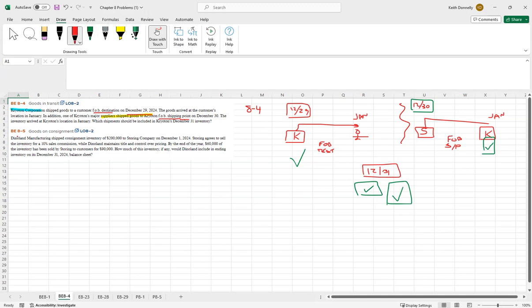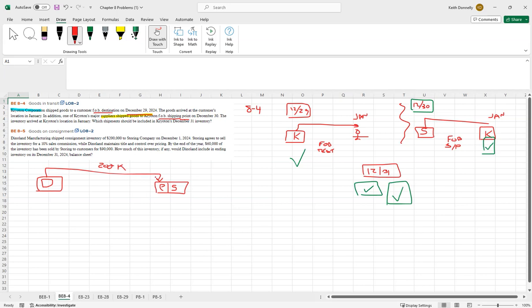All right, so exercise 8.5. Dino Land shipped consignment inventory of $200,000 to Storing Company on December 1st. So we're going to have Dino with a D, and they give $200,000 of inventory. Instead of calling it a storage, we'll call it a pawn shop, because that's easier to think of.